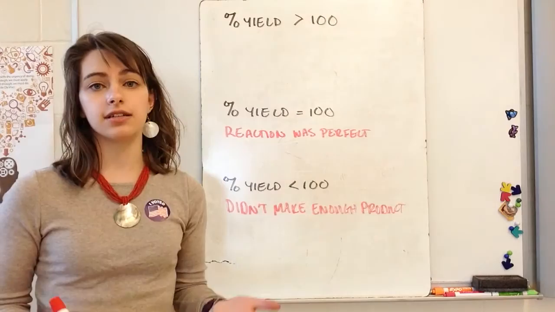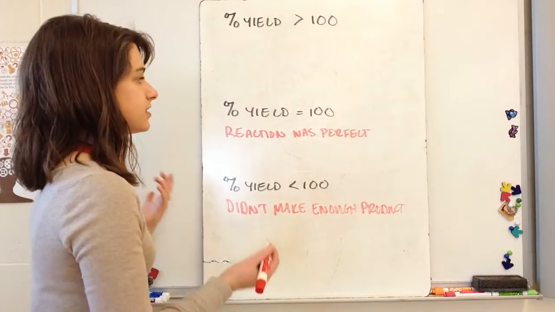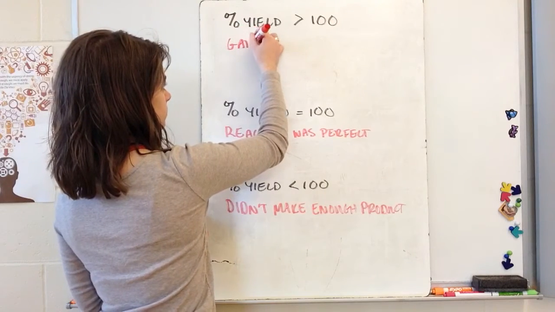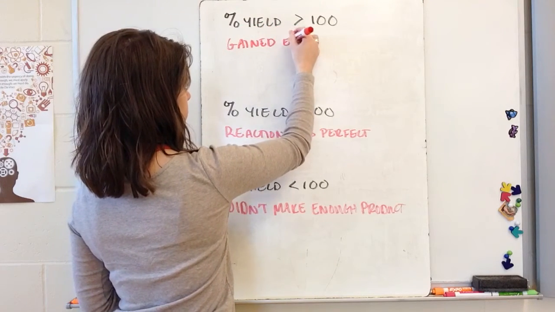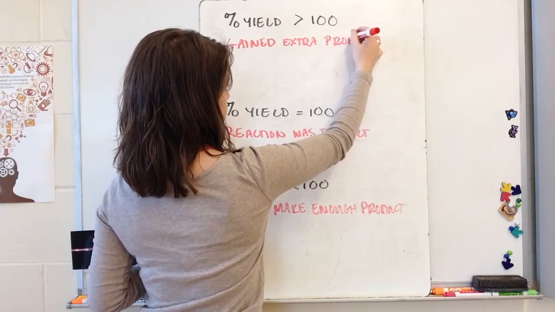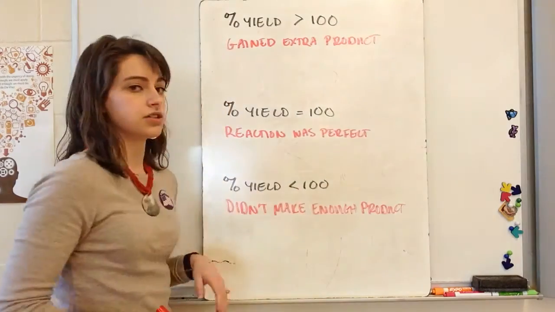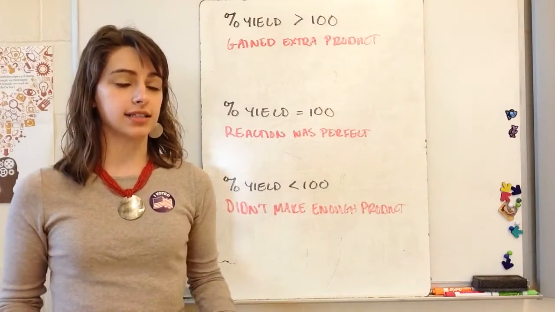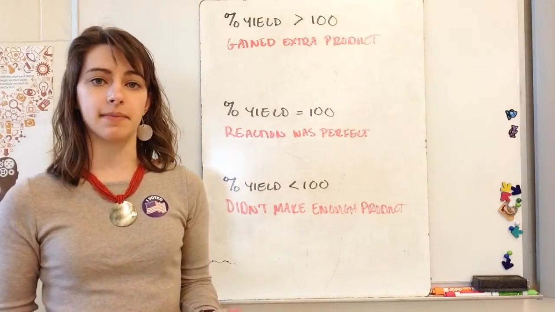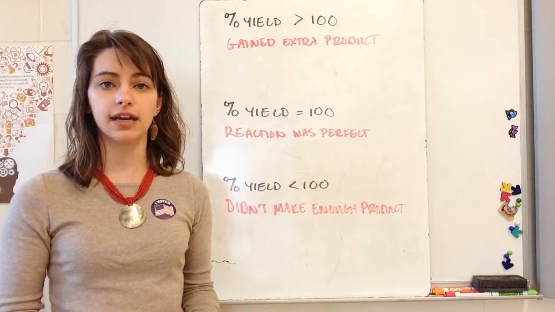So if your percent yield is bigger than 100%, that means you gained extra product somewhere. So in this case, you made more product than you should have. And there are also several reasons why this might happen. It might happen if there's some sort of contaminant.